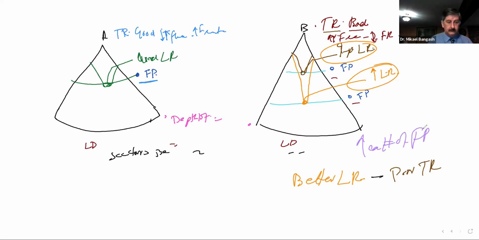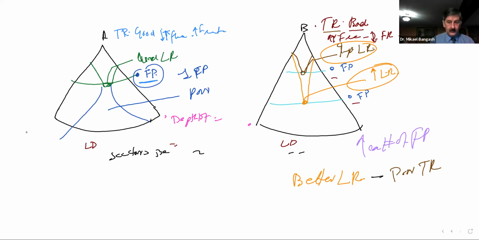Whereas over here, we only had one focal point. So it was only at this depth here that we had a good lateral resolution. At any point beyond that, it was going to be poor. So what did we do here?